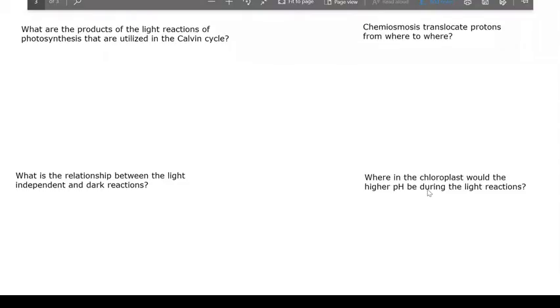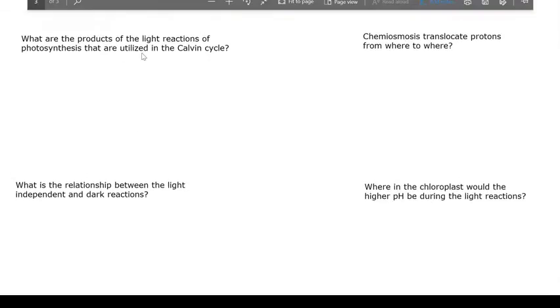Anyway, let's do a quick review by answering these questions. What are the products of the light reactions of photosynthesis that are utilized in the Calvin cycle?